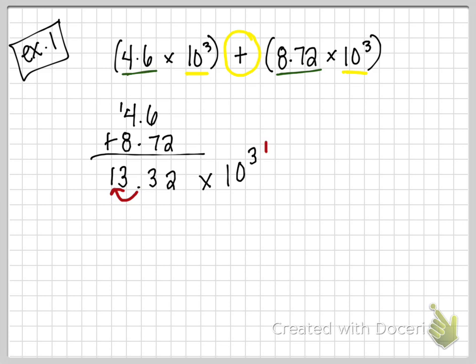And in this case, we would add 1 to our exponent, right? Because we went from a bigger number to a smaller number. So in order to get back to that 13.32, we'd have to add an exponent. So our answer in scientific notation is then 1.332 times 10 to the 4th power.